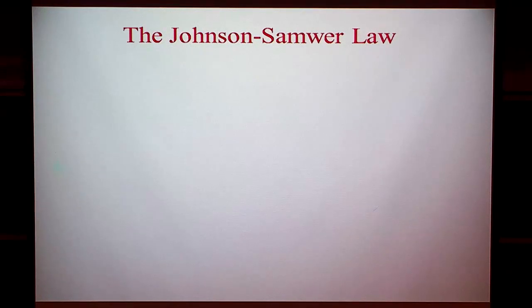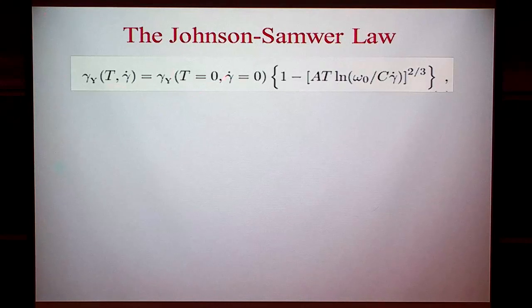I'm referring now to this amazing law that was found by Bill Johnson and Conrad Sommer, who have measured carefully the yield strain as a function of temperature and strain rate, in relation to this yield strain that I just discussed with you that appears at temperature 0 and 0 strain rate. It has a somewhat strange formula, in the sense that it has a temperature dependence as the logarithm with a 1 over gamma dot to the 2/3, a little bit unintuitive law, but it seems to fit the data pretty well.